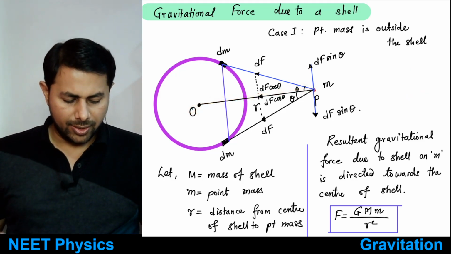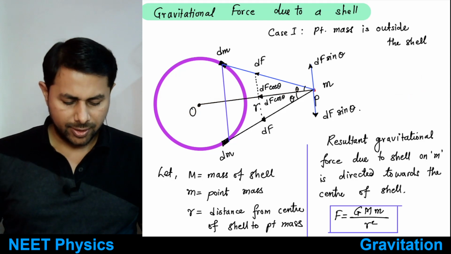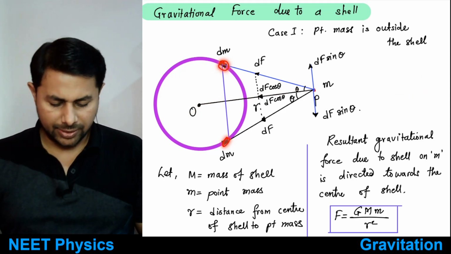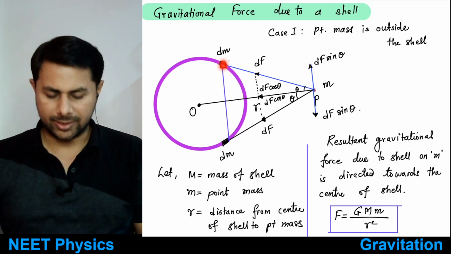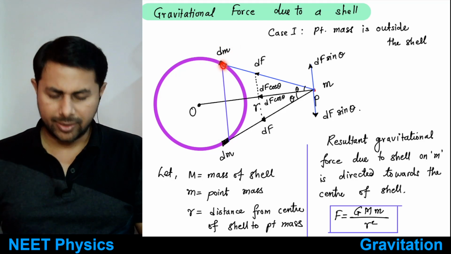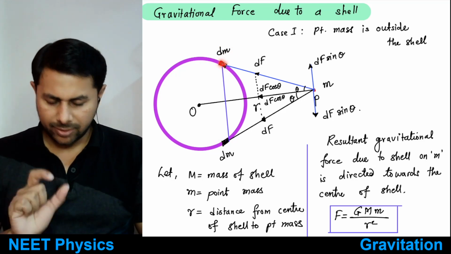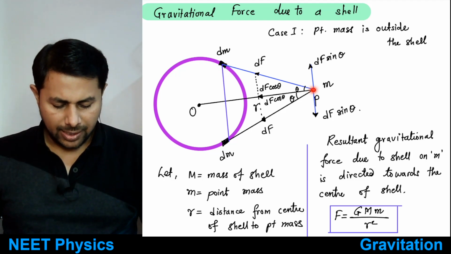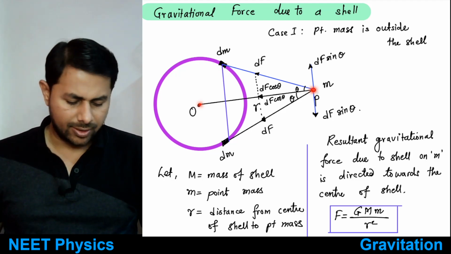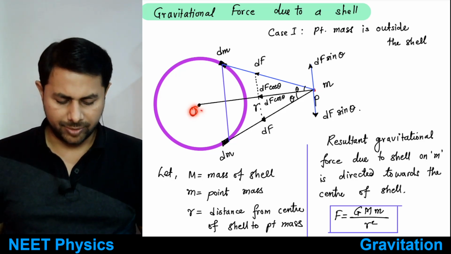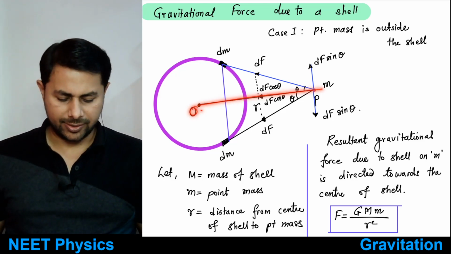Okay, so see, now if you consider this small mass dm, okay, dm is small part of the shell, small mass over the shell. Then now if you draw a line joining this point, let's say mass m is at point P and O is the center of the shell. So draw a line like this.